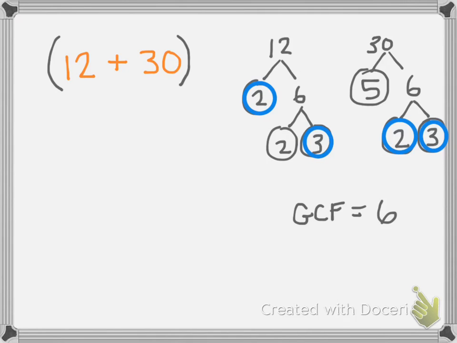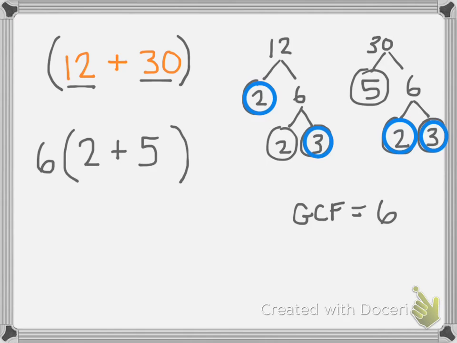So here's what we do. The GCF comes outside of the parentheses. What we're doing is we're dividing the common factor, the greatest common factor, out of the two terms. So 12 divided by 6 is 2. We have a plus sign, and then 30 divided by 6 is 5.